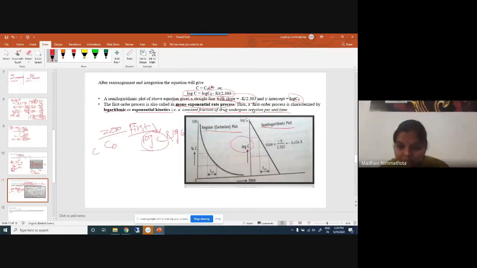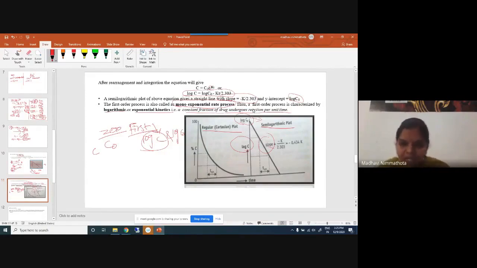So here also the same straight line is given. Here it is log C naught, the same initial plasma drug concentration, and here it will be the slope. Always your slope will be minus k by 2.303. In case of zero order, it will be minus k naught, right?